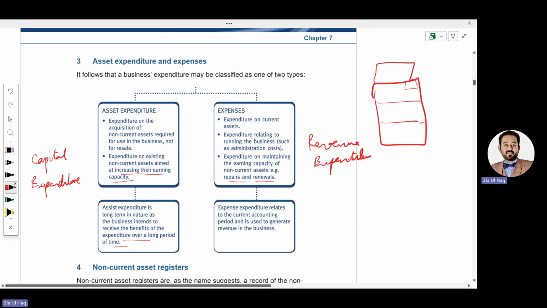If not increasing the earning capacity of the asset, that expenditure will be treated as revenue. Repair, whitewash, etc. Expenditures relating to the current accounting period and used to generate revenue in the business, meaning that expenditure will provide benefit within a year, will be treated as revenue expenditure.